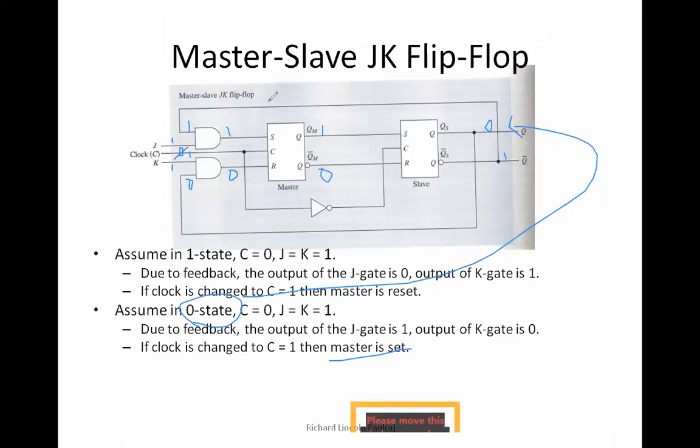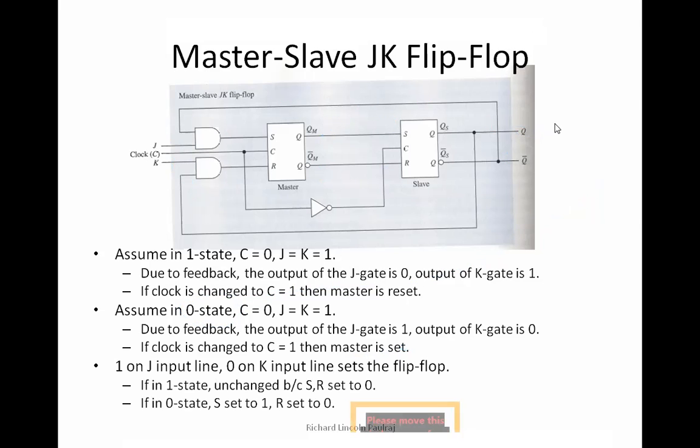Say if this is working at one clock cycle, this wouldn't work in the same clock cycle, but in the next clock cycle these values will be passed on to your slave. Understood? Whatever were there previously, in the next clock cycle these values will be passed to the slave. So first the values appear in the master and then it is passed on to the slave. Understood?